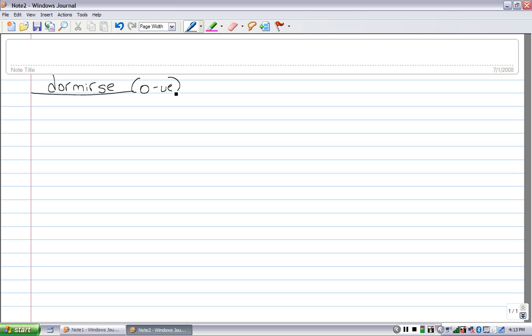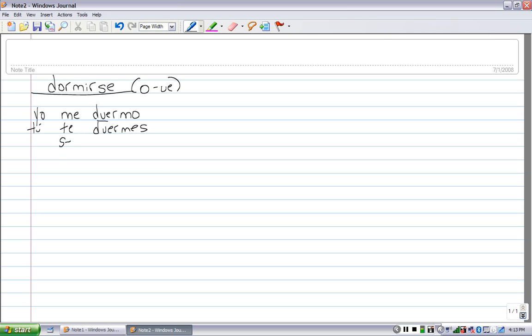So not only do you need to remember the reflexive pronouns, you also need to remember the stem change. So the yo form would be yo me duermo. We change that O to UE. The tu form would be te duermes.